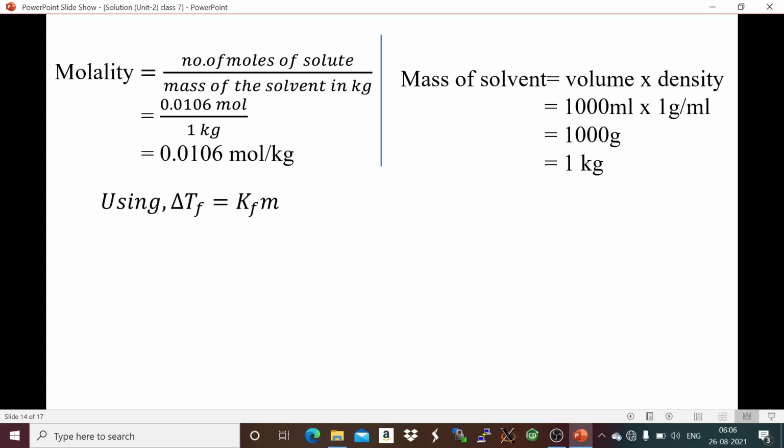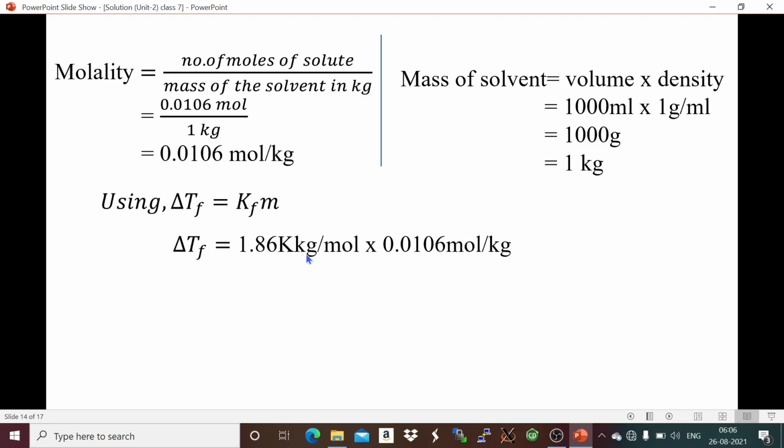Now using this relation again, delta Tf is equal to Kf into m. The Kf value will be provided in the exam; it is not given in the question here. Kf for water, the molal depression constant, is 1.86 Kelvin kg per mole.